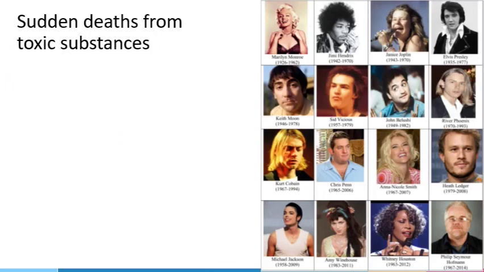Similarly, you need to know a little bit about the effect of toxic substances on sudden deaths. And I'm sure most of you can recognize the personalities shown in this slide. There are several celebrities who have died suddenly, and almost all the time these kind of situations involve the use of some illicit drugs, usually cocaine or methamphetamine or heroin, and of course combined with alcohol or some other types of psychoactive substances.